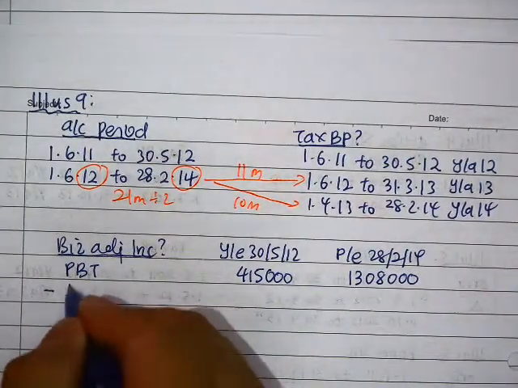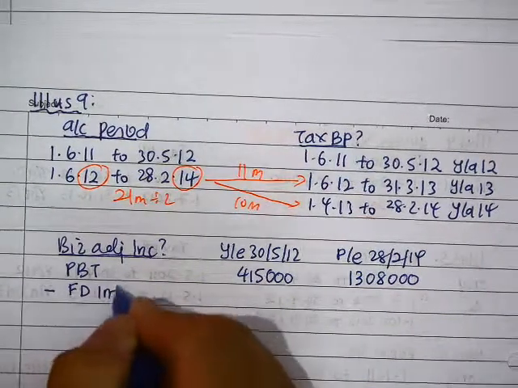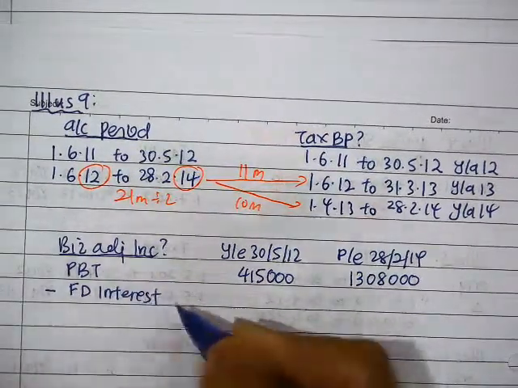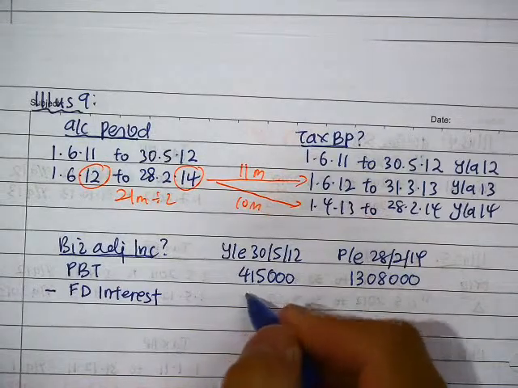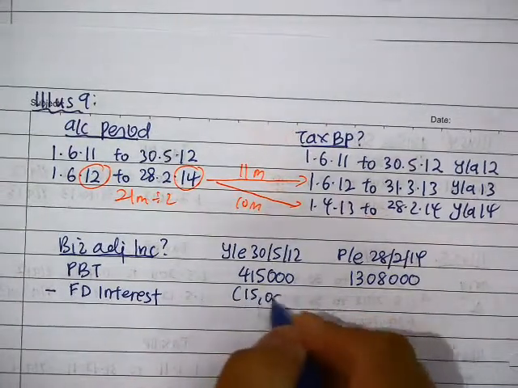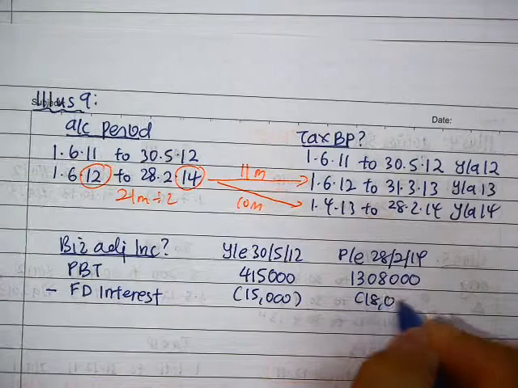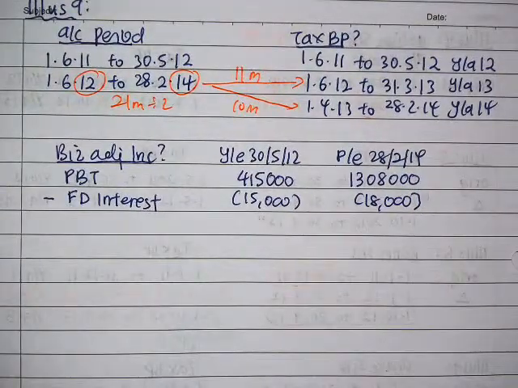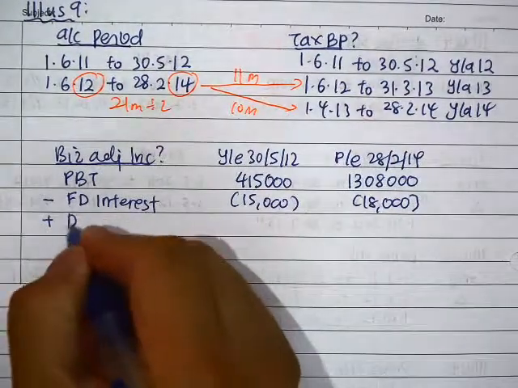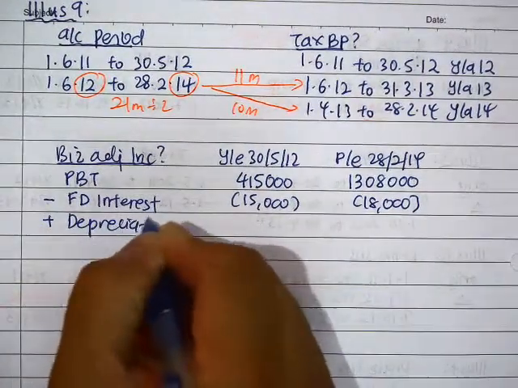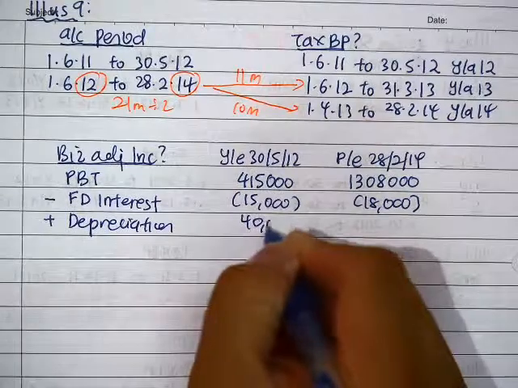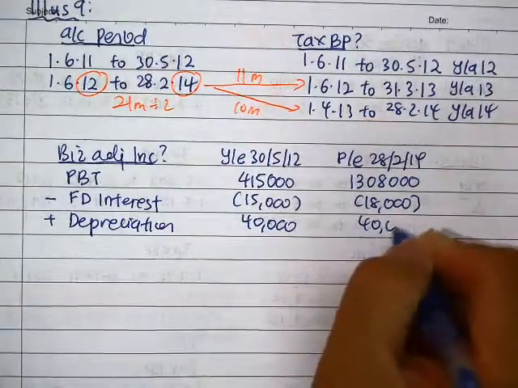So as usual, we minus the fixed deposit interest. Forgot to give you all the maturity date. Okay, 15, 18, and we add back the depreciation, 40, 40.